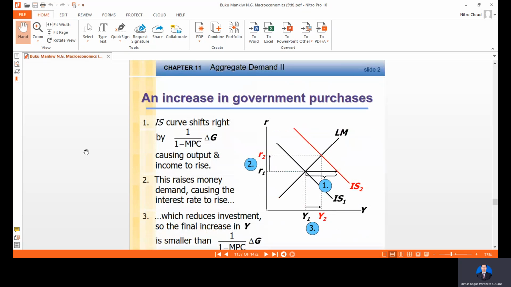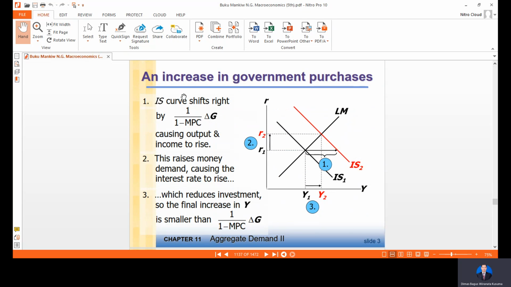For example, here you can see an increase in government purchases. So the government imposes more purchases in stimulating the economy. The IS curve shifts right by this amount, causing output and income to rise.